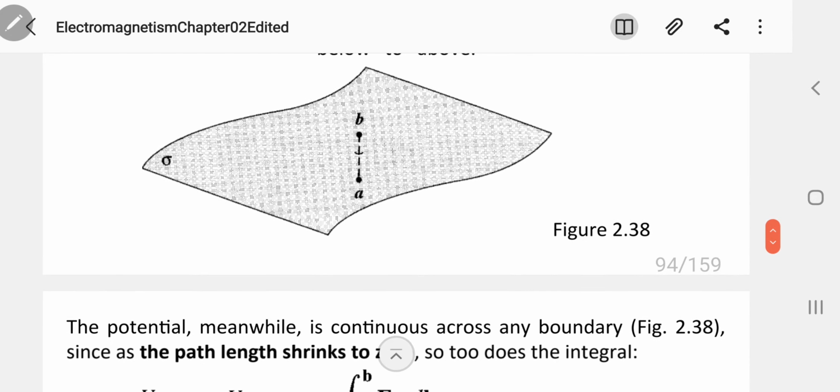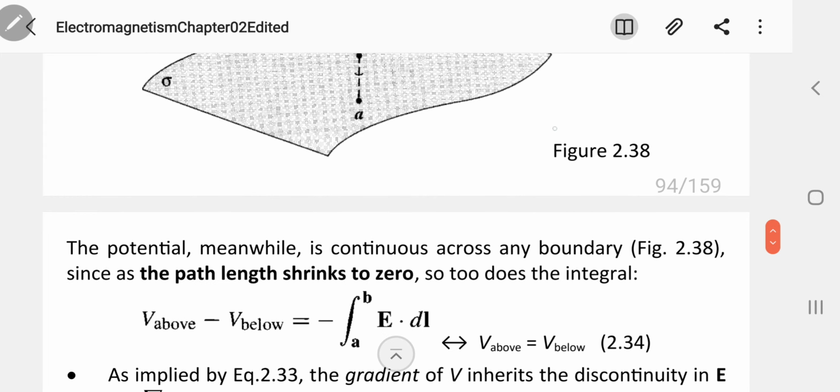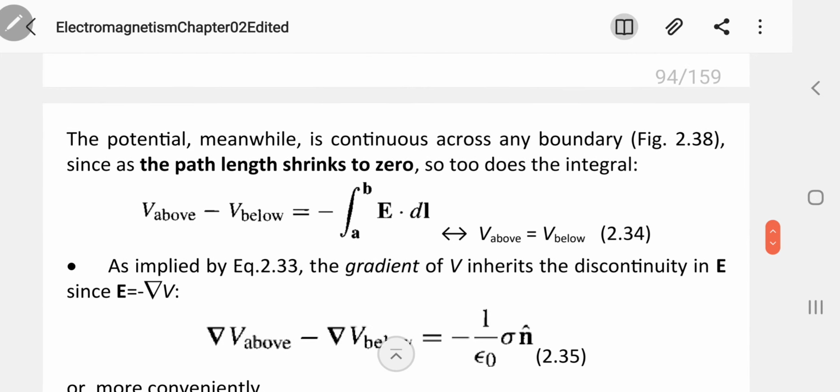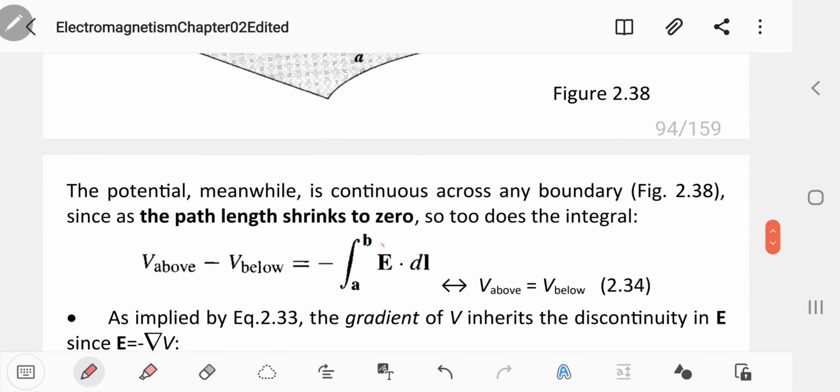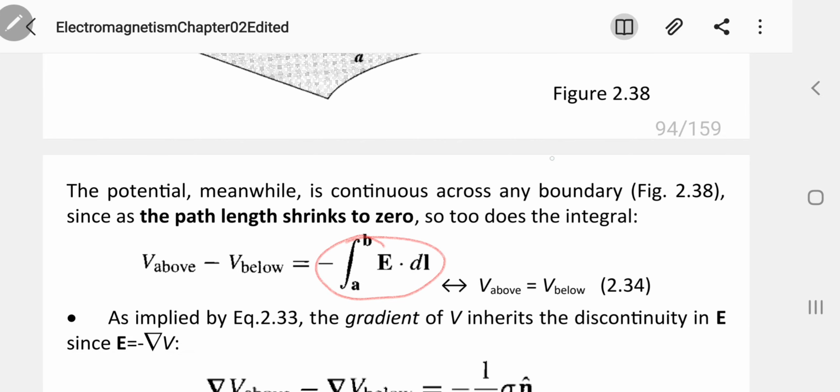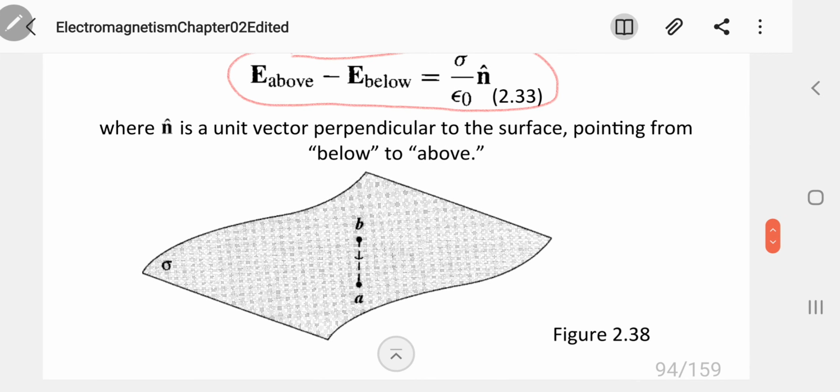So how about the potential? This is the potential here. So how about the potential above and potential below? What is the boundary condition there? So we'll take a look at this.